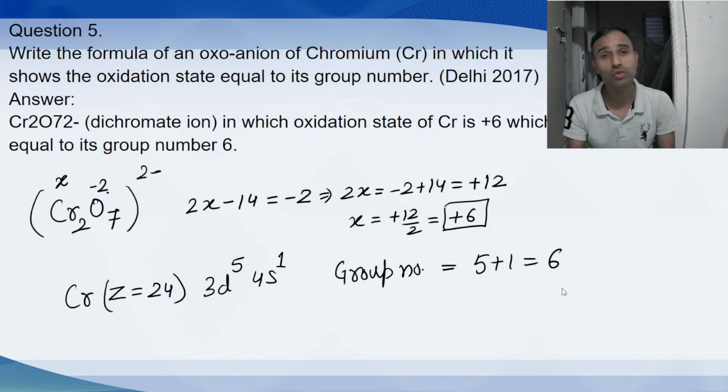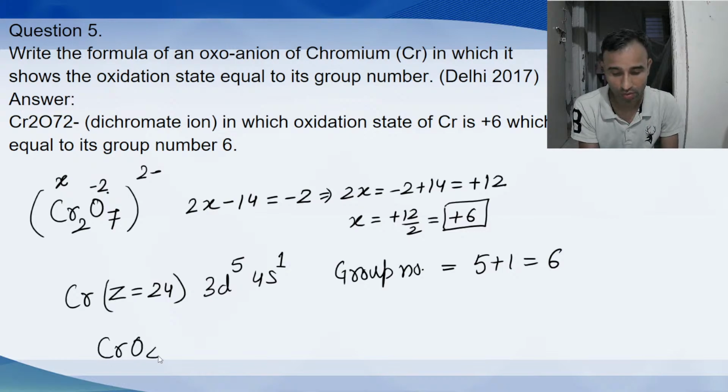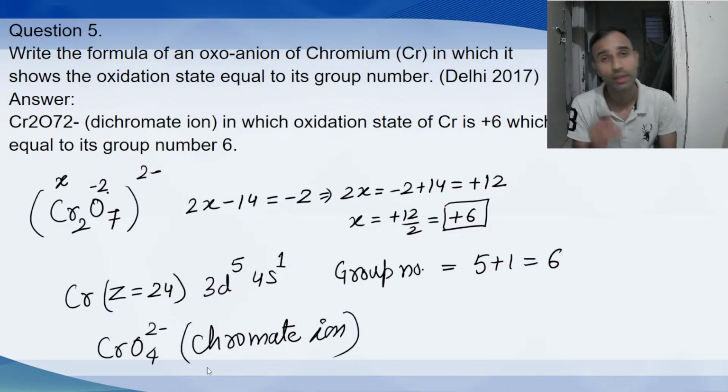Now the second oxoanion of chromium is chromate, CrO4 2 negative. This is the chromate ion. Now what is the oxidation number of chromium in the chromate ion?